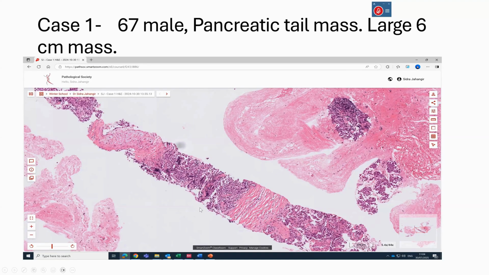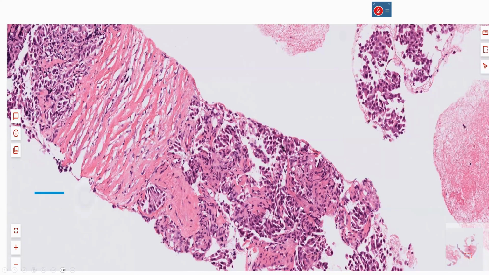And if we go to the high power, the tumor is kind of monotonous looking. You won't be appreciating a lot of pleomorphism. The cells are round to oval with moderate to abundant cytoplasm, uniform looking nuclei.